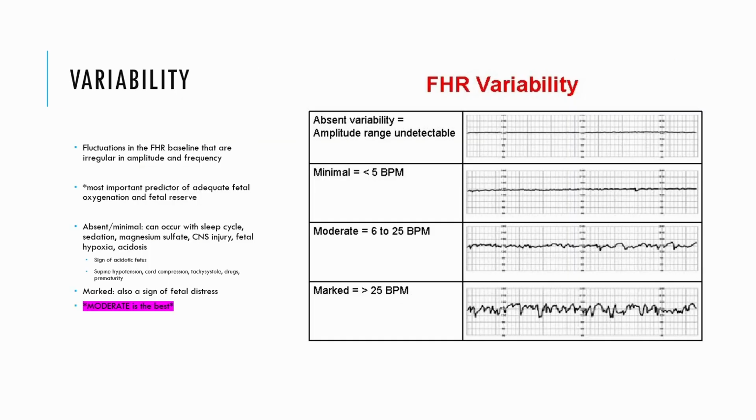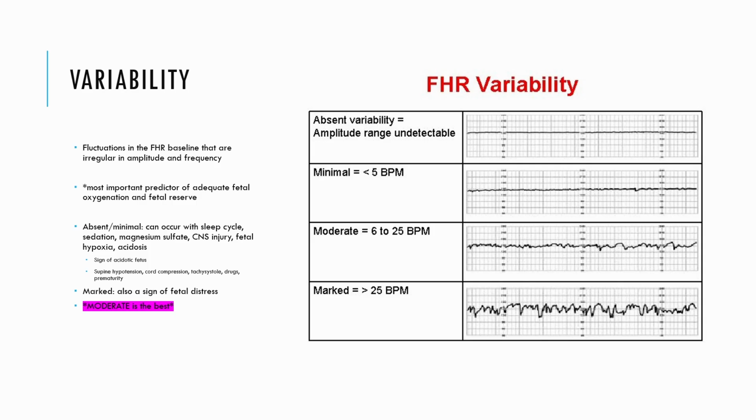The third step we want to look at when we're looking at fetal heart tones is we need to figure out what's called our variability. Variability is fluctuations in the fetal heart rate baseline that are irregular in amplitude and frequency. I like to describe this as the jiggliness of the line, okay?